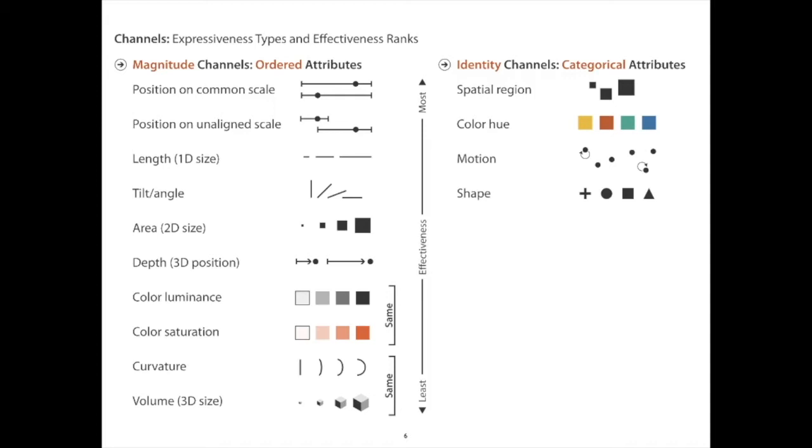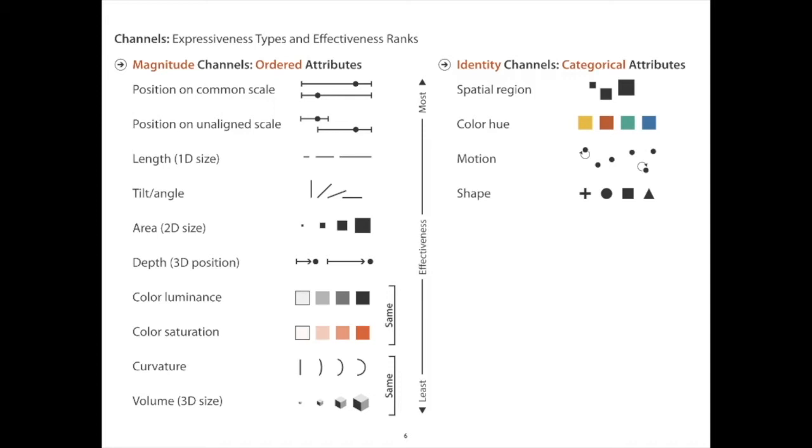Depth is also very hard for us because on a two-dimensional monitor, it's hard to actually see depth. And then there comes the color luminance and saturation, which is equally bad to show order. And the curvature and volume is the least effective for ordered attributes.